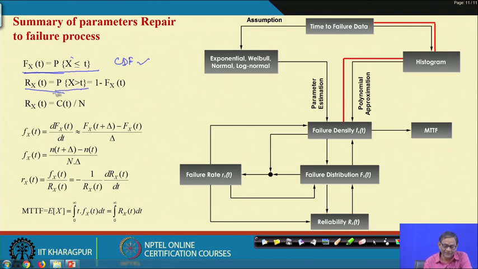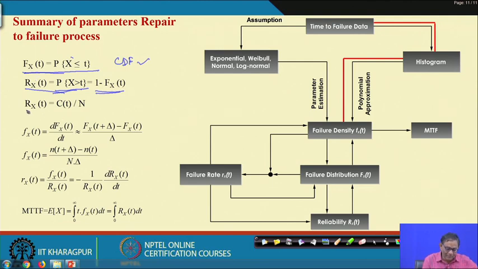This is nothing but 1 minus the cumulative distribution function, because ultimately our component or unit is a two-state system: either it is surviving or it has failed. So, the sum of F_X(t) and R_X(t) will be 1.